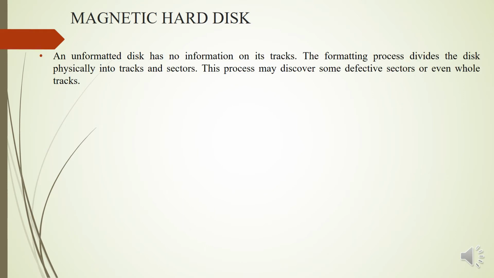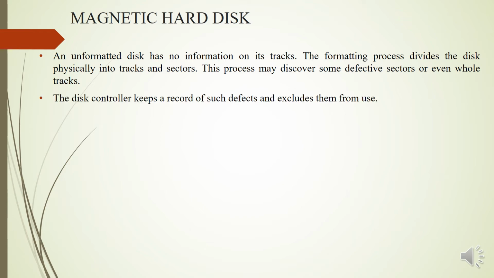An unformatted disk has no information on its tracks. The formatting process divides the disk physically into tracks and sectors. This process may discover some defective sectors or even a hole on the tracks. The disk controller keeps a record of such defects and excludes them from use.